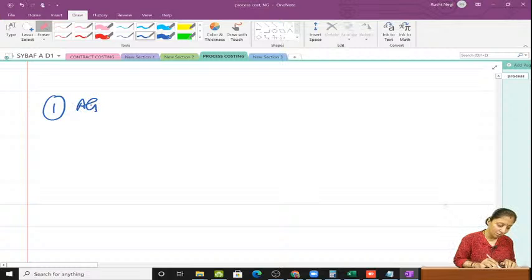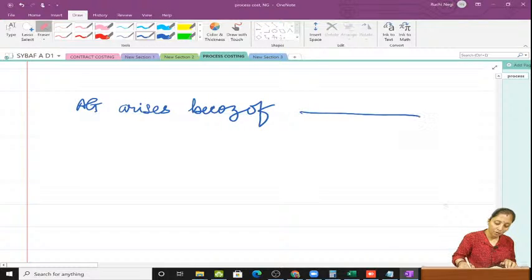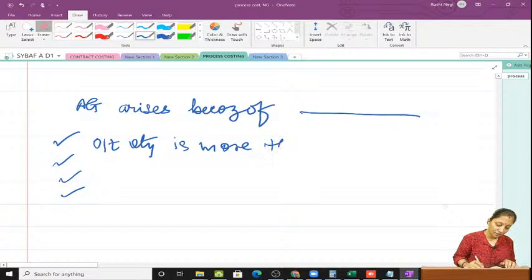So if I'm telling you abnormal gain, just see what I am writing. Abnormal gain arises because of dash. Say I give you options. Say I tell you abnormal gain arises because output quantity is more than input quantity.